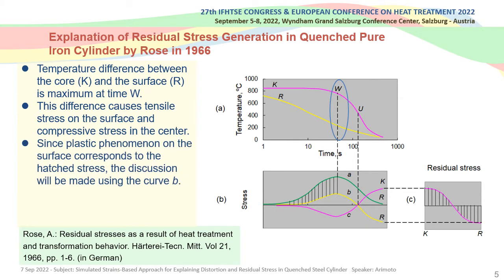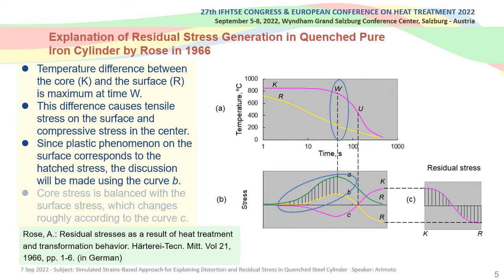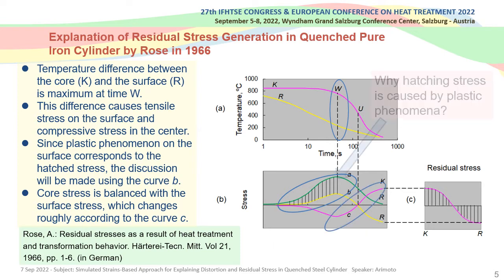Since the plastic phenomena on the surface correspond to the hatched stress, the discussion will be made using curve B. Core stress is balanced with the surface stress, which changes roughly according to curve C. The problem is that it doesn't explain why hatched stress is caused in plastic phenomena.